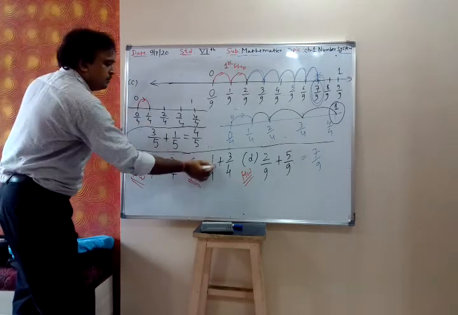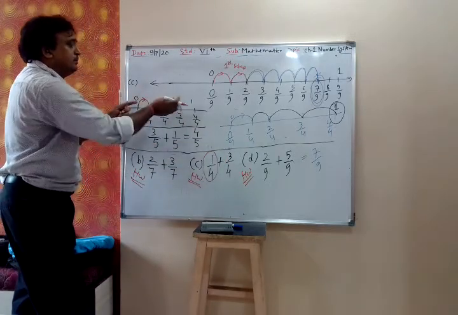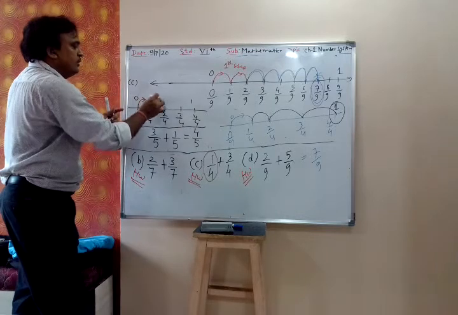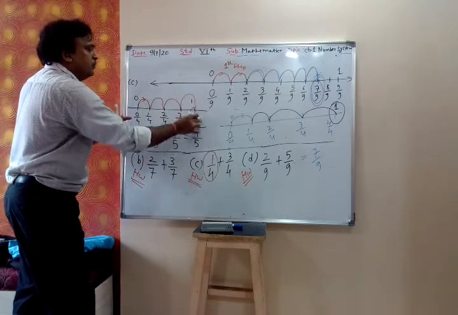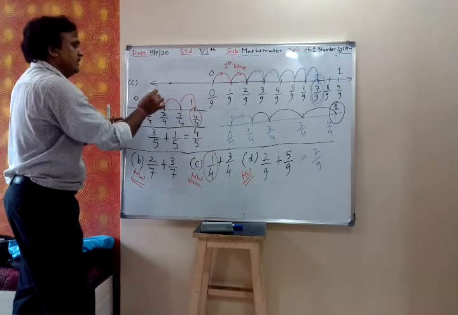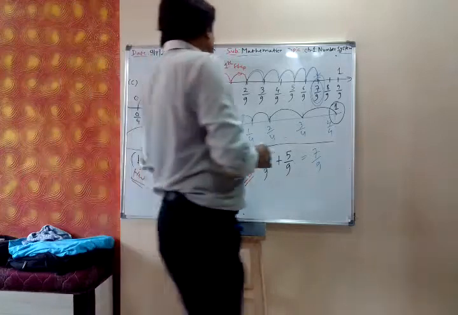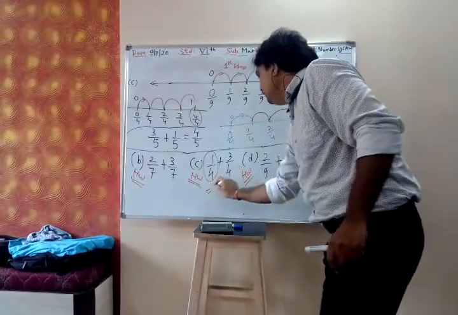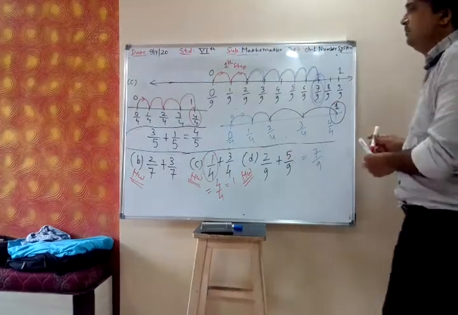Then for 3 upon 4, I will make 3 jumps. 1 jump, 2 jump, 3 jump. Where we reach? 4 upon 4. 4 upon 4 is same as 1. So the answer of this will be 4 upon 4, or you can write 1. Both are correct.